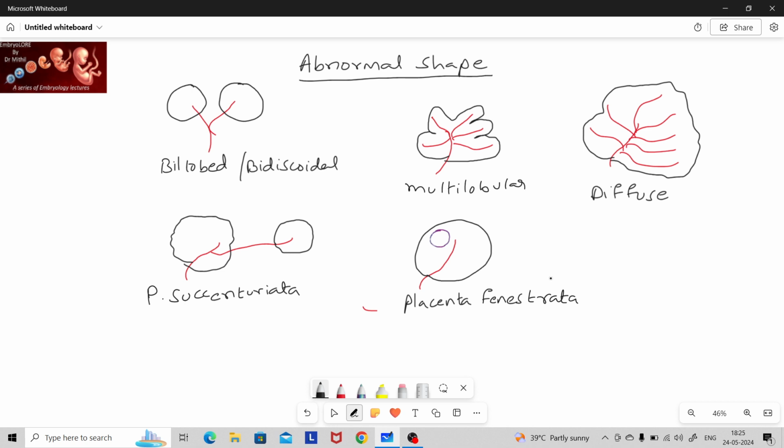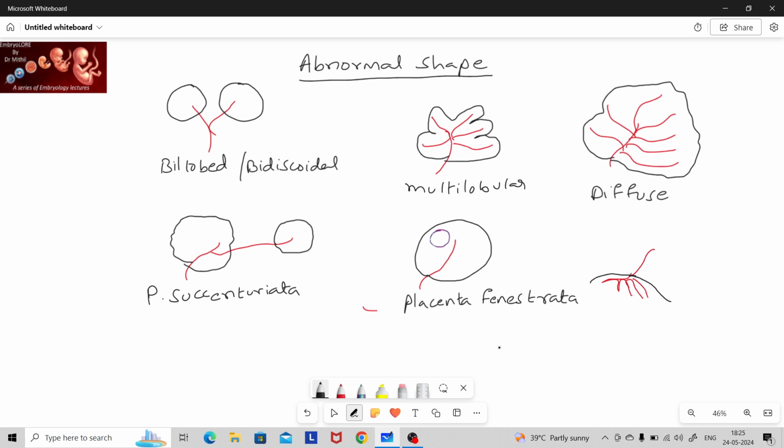And now lastly, that is the circumvallate placenta. So here the peripheral edge of the placenta is covered by the residual fold actually. So this is the placenta.